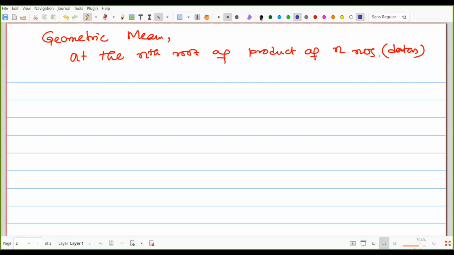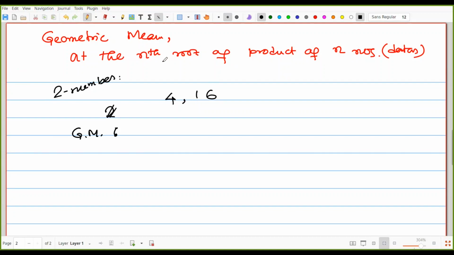Suppose we have two numbers. That one is 4, another one, suppose 16. So how can we find out the geometric mean?